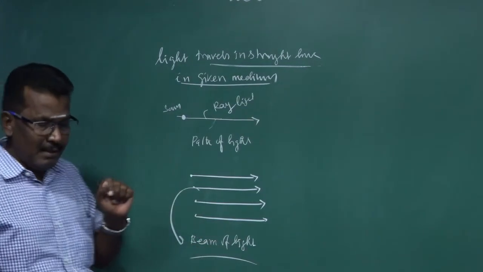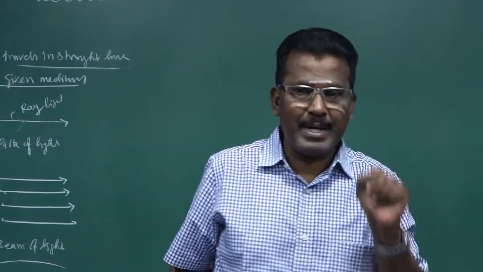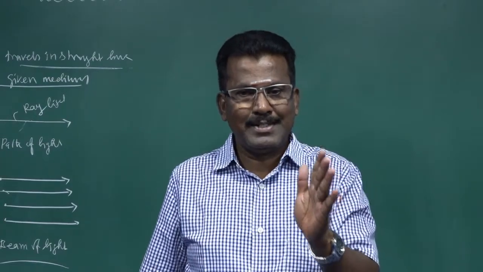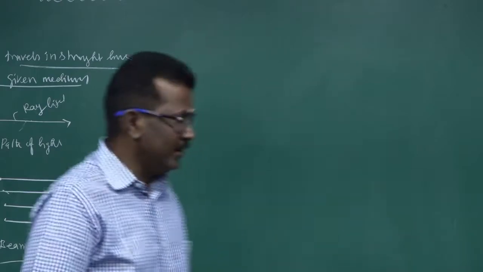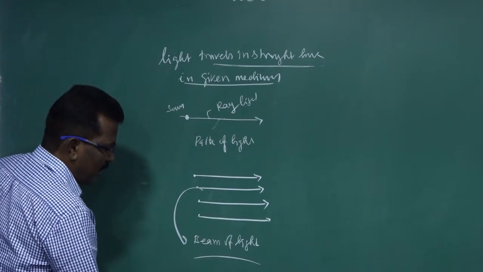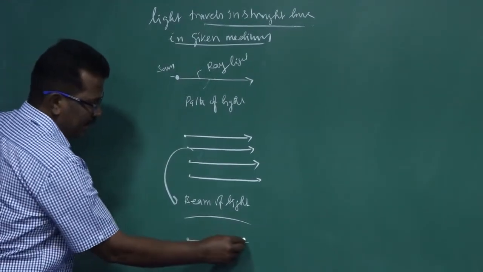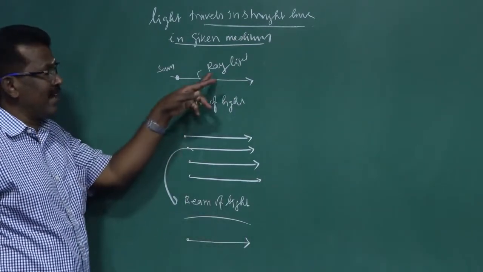We know that light travels in a straight line in a given medium. When does it change direction? Yes, it changes direction. If light coming from the source is moving in a particular direction, the arrow here denotes the direction of the path of the light.